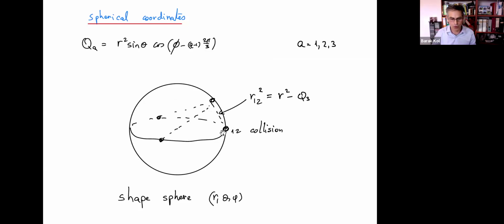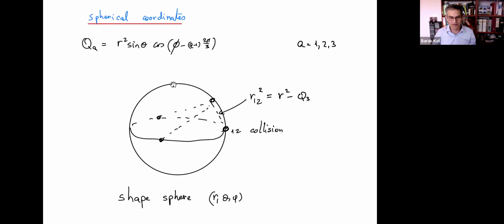There are three special points on it where the triangles degenerate when 2 points meet. For instance, here points 1 and 2 meet. So it's a triangle where 1 and 2 are the same point and point 3 is somewhere else. So it's a very degenerate triangle. Actually, the whole equator is degenerate in the sense that it's collinear. So if 3 points are collinear, they are on the equator.